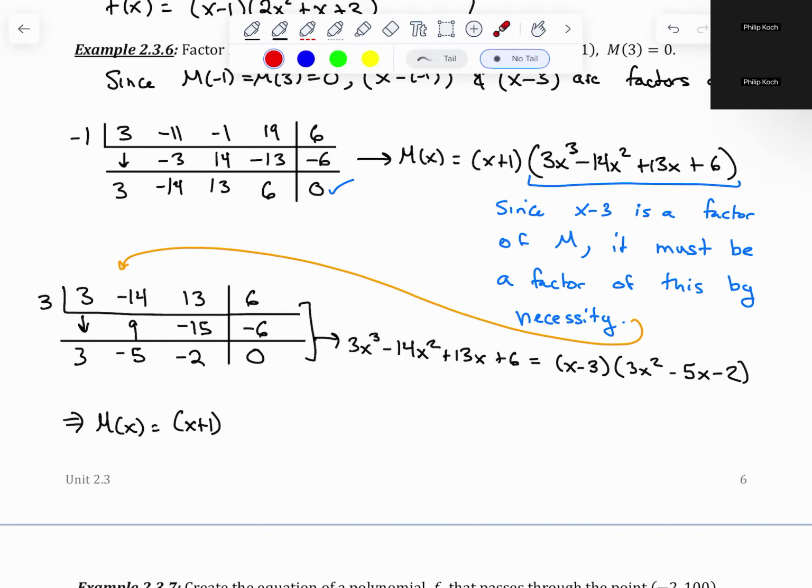Then we took the blue cubic and broke it down. So now it is x plus 1 times x minus 3 times 3x squared minus 5x minus 2. And this is a quadratic, and we know how to factor quadratics. So we're going to factor this like normal.